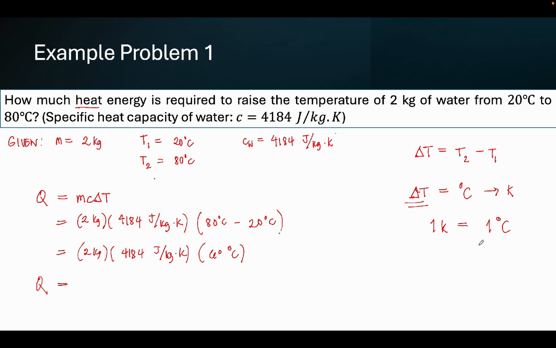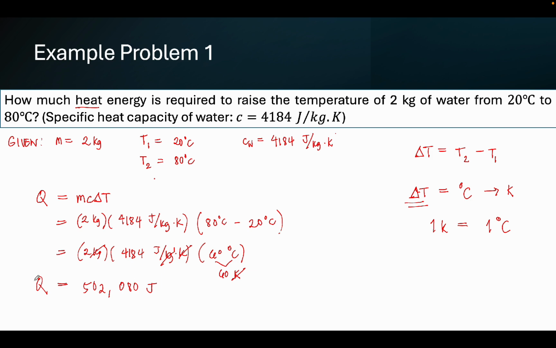So, if we convert this into Kelvin, we can also have this as 60 Kelvin. Okay. So kilograms cancel out, Kelvin cancels out, and what is left is the unit joules for the quantity of heat. So if you calculate that, we have 2 times 4,184 times 60. The result will be 502,080 joules.